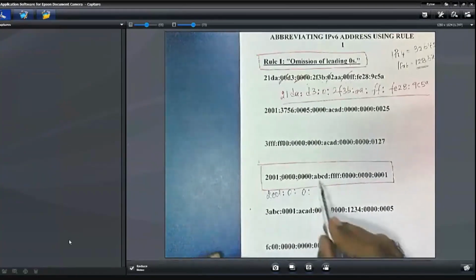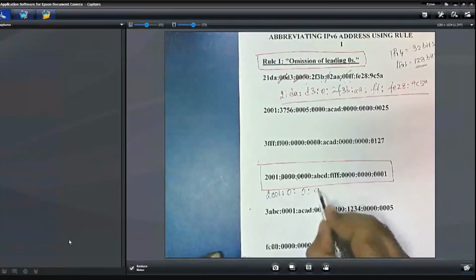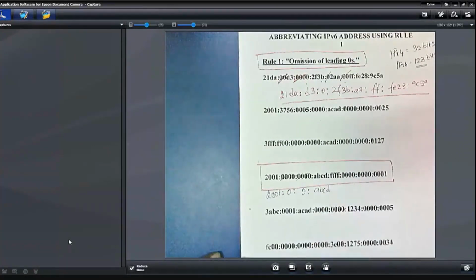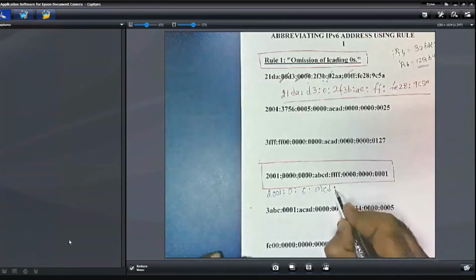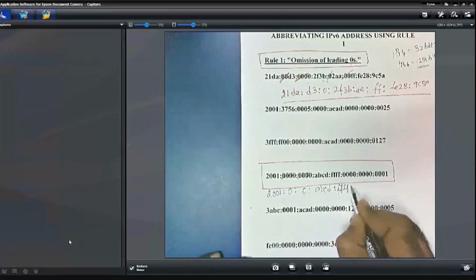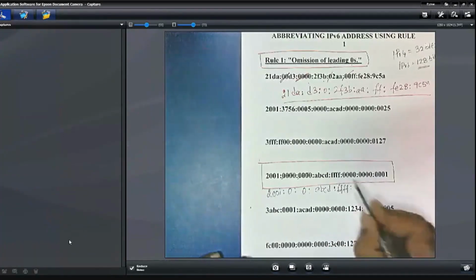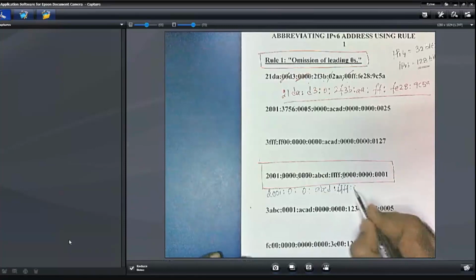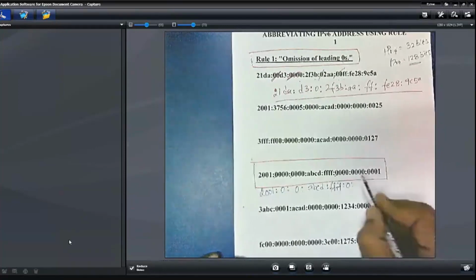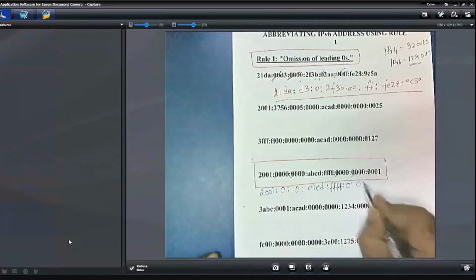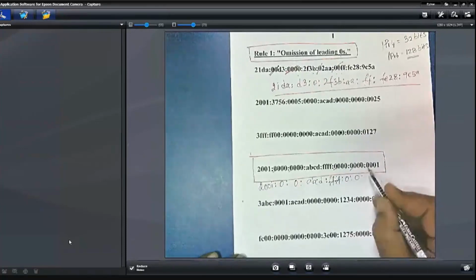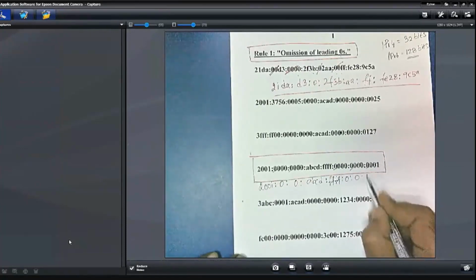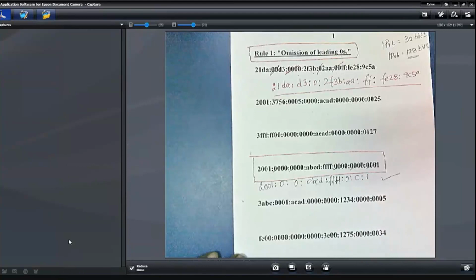Then A, B, C, D: you cannot do anything, you have to take it. Then all F, take it as it is. Then here 4 zeros, so 3 I can remove. Here 4 zeros, 3 I can remove. And here 3 zeros available, I can remove them and make it 1. So this is the answer.